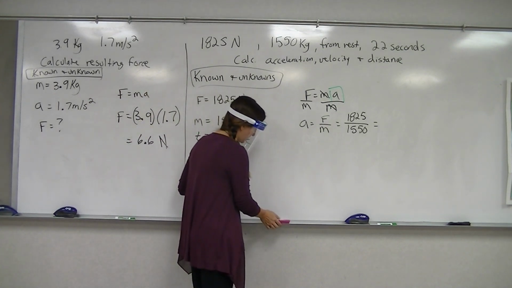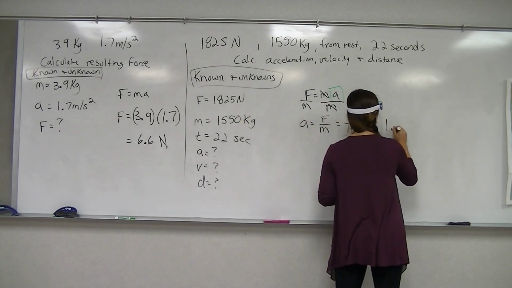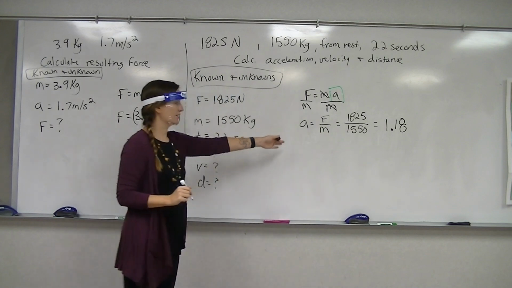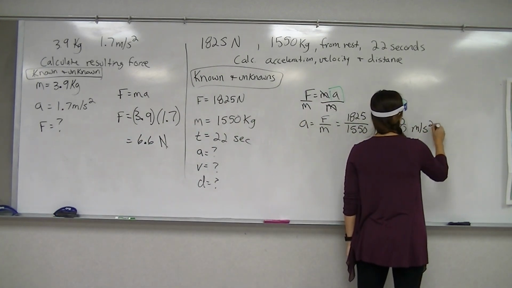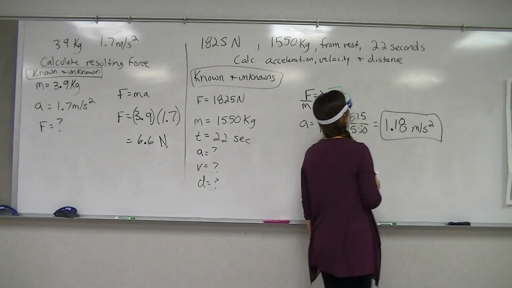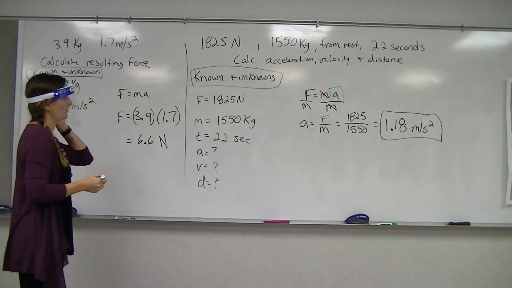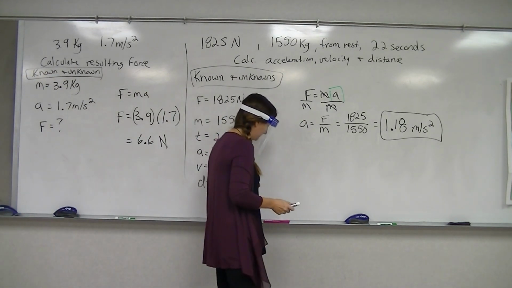And I said 3 sig figs, so it's going to be 1.18. And since it's acceleration, my units on acceleration are meters per second squared. So that force being applied to that car to try to get it moving, it's going to accelerate at 1.18 meters per second squared.